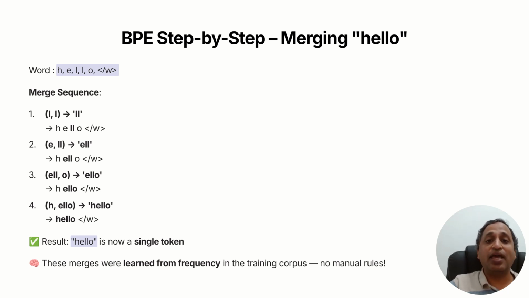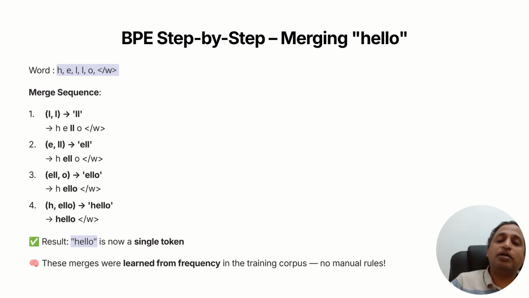Now our tokens are H, E, LL, O. Next we merge E and LL, which becomes ELL. Now we have H, ELL, O. Now ELLO is the most frequent, so we merge to get ELLO. And then we have H, ELLO. In step 4, finally H and ELLO get merged into "hello".